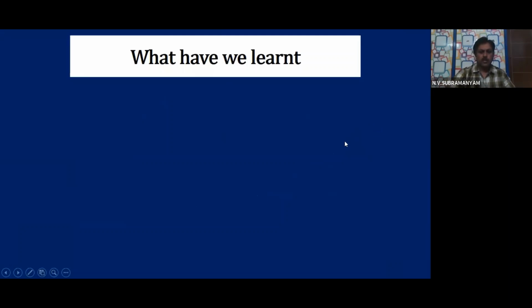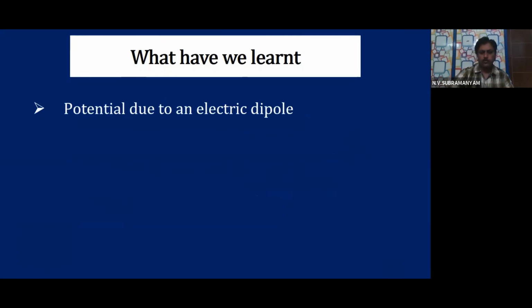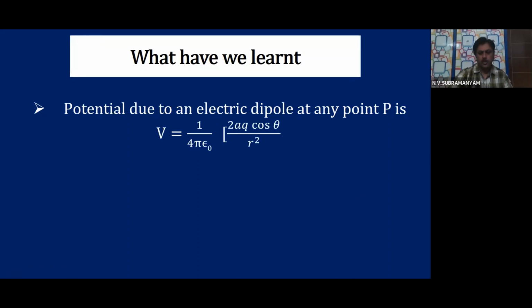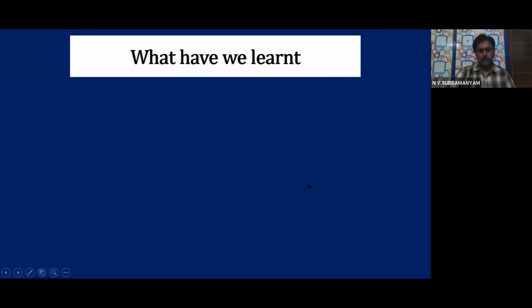What have we learned, children? First point, potential due to an electric dipole at any point P is 1 by 4 pi epsilon 0, 2aq cos theta by r square. V is equal to 1 by 4 pi epsilon 0, P cos theta by r square, where 2aq is P, the dipole moment.